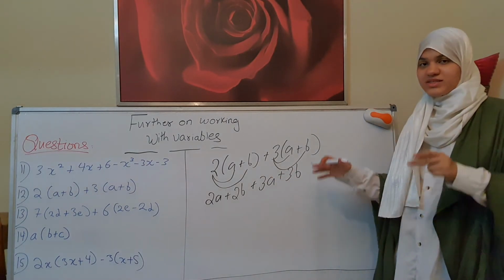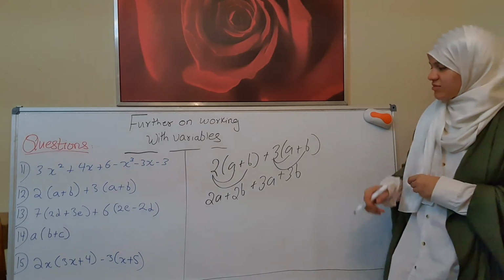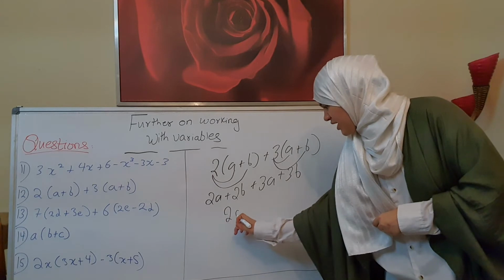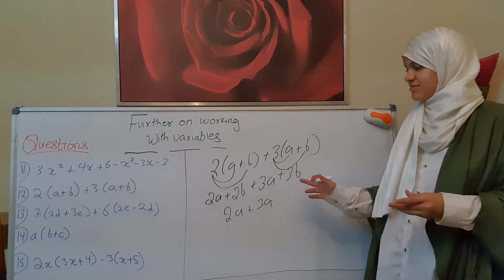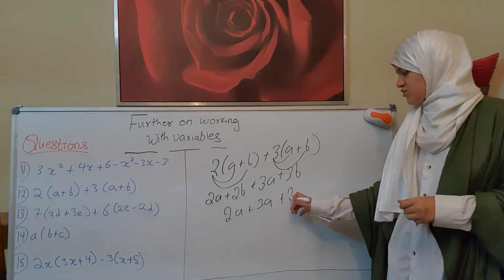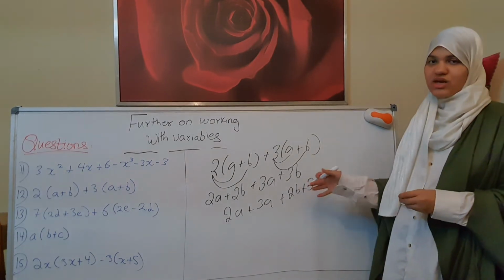Now, the second step is to collect the like terms together. Like for example here, 2a plus 3a are like terms, and 2b plus 3b are also like terms.